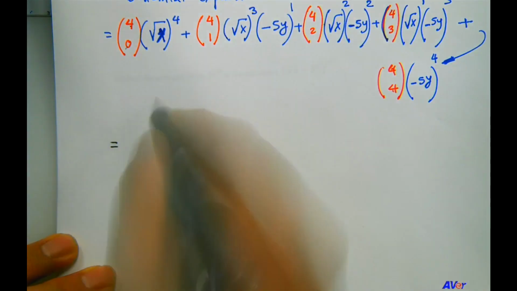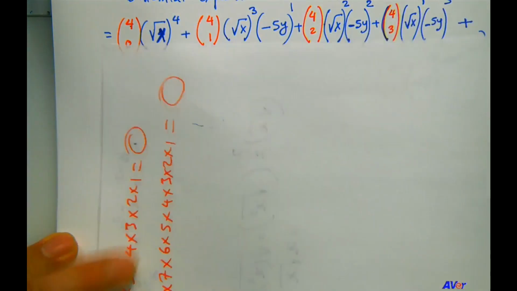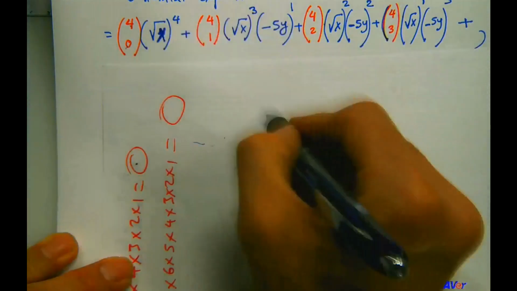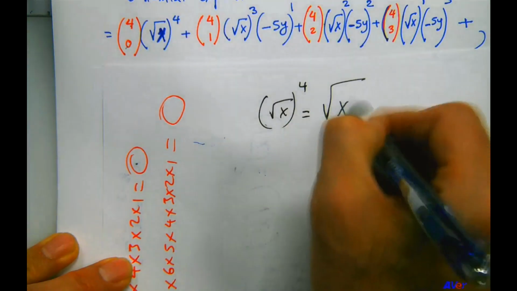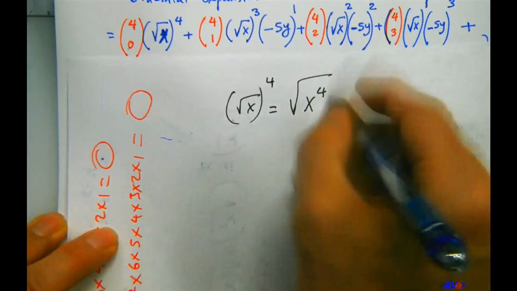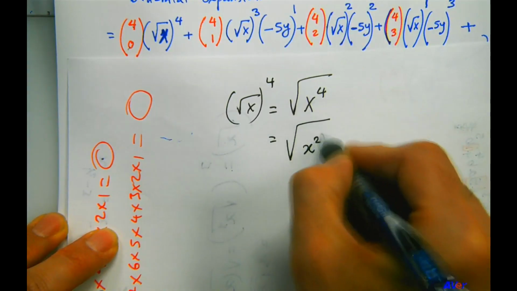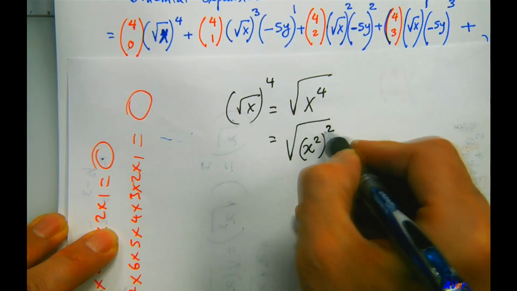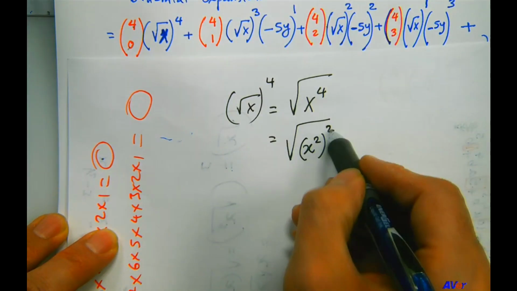Let me explain it here. To simplify this, square root of x to the fourth power, we can rewrite this inside as square root of x squared squared power. X squared squared, 2 times 2 is 4.